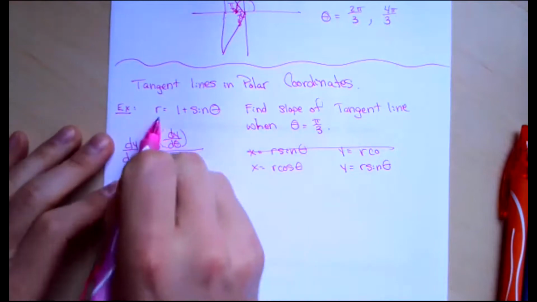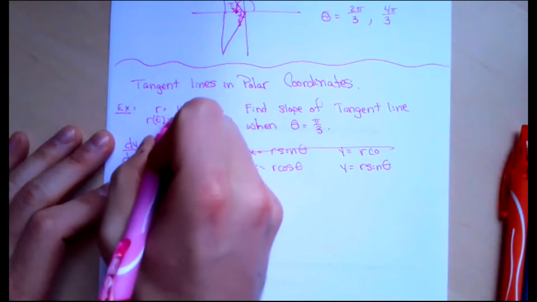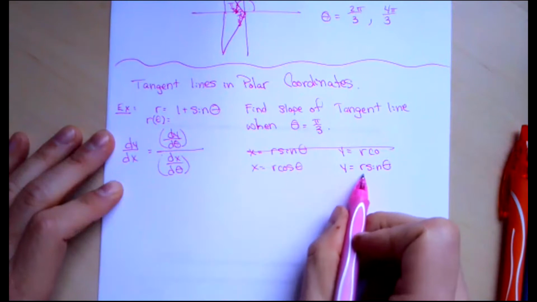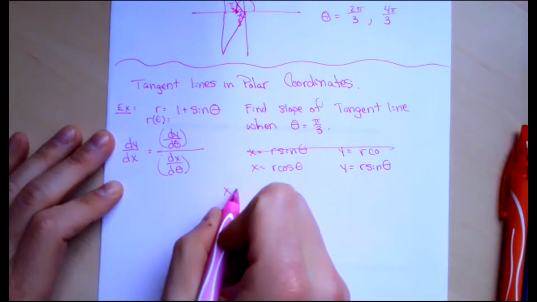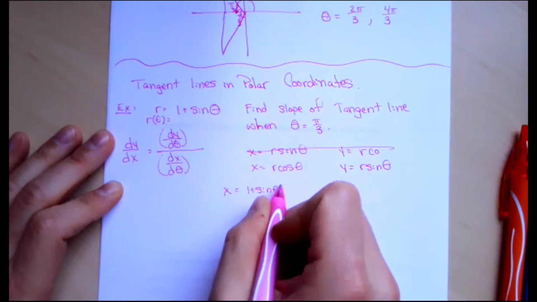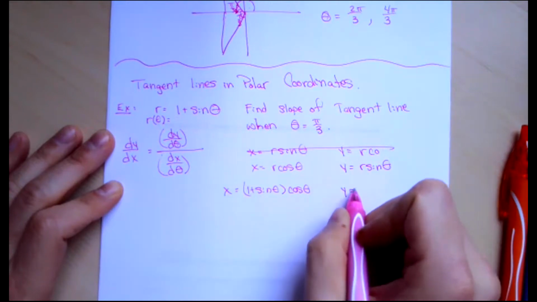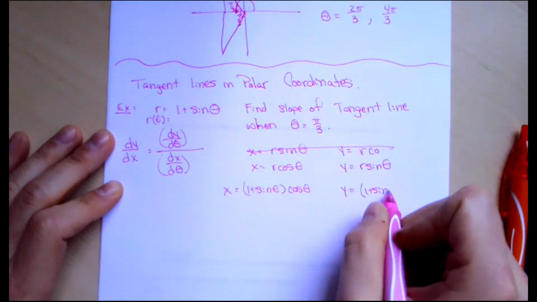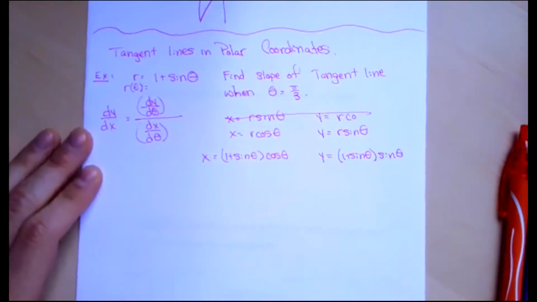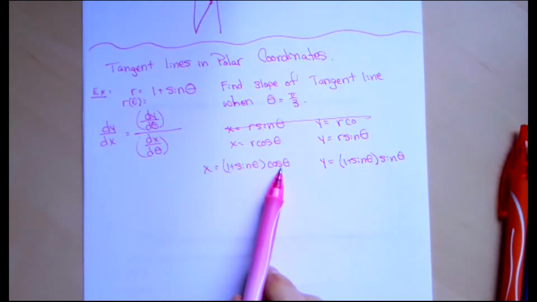So, if r is a function of theta, then I can essentially stick in this 1 plus sine theta for my r's. And then I have x and y both parametrized by theta, both functions of now just one variable.